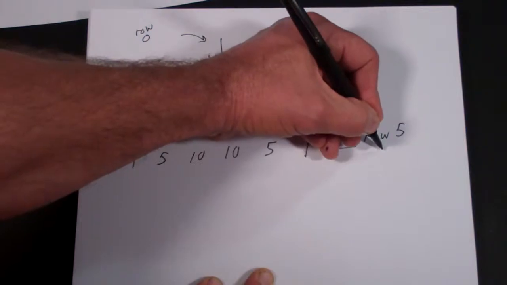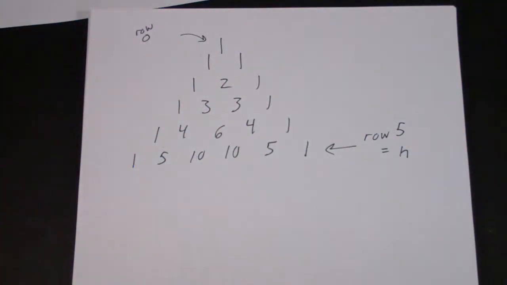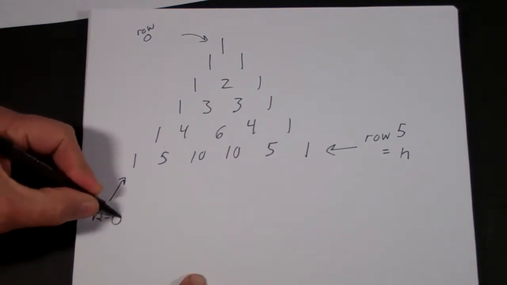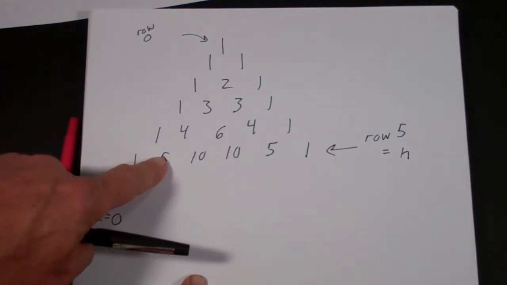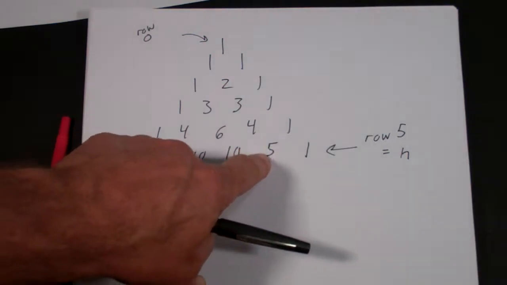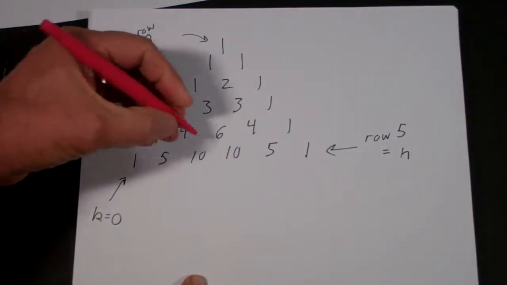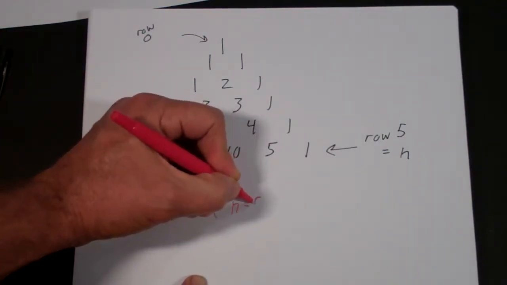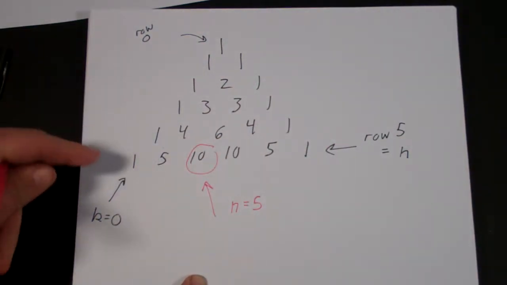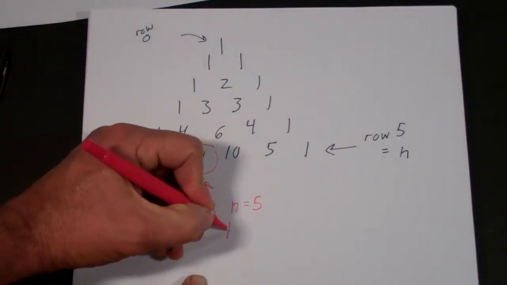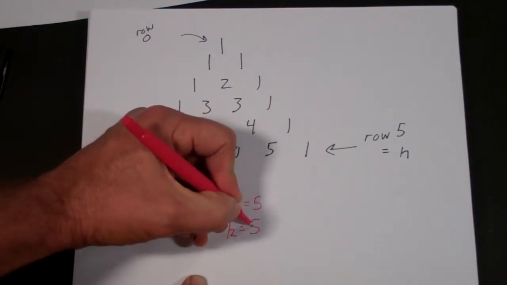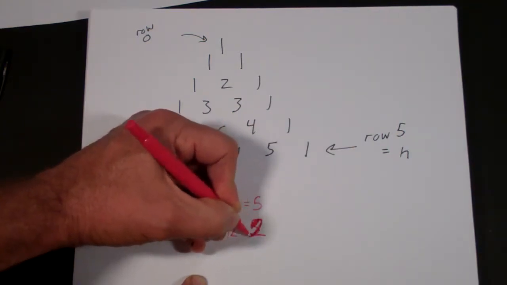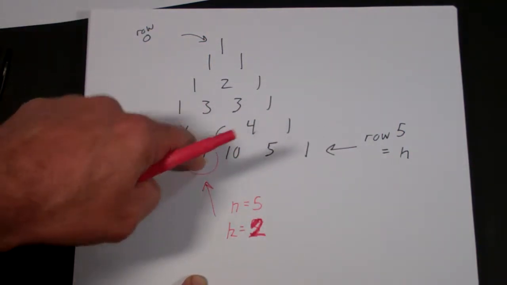And the row is equal to the n. And if we start k here at 0, and we count over 0, 1, 2, 3, 4, 5. So let's say we pick this one right here. In this case, n is 5 because it's the 5th row. And it's 0, 1, 2, k is 2. Why 2? Because you go 0, 1, 2.